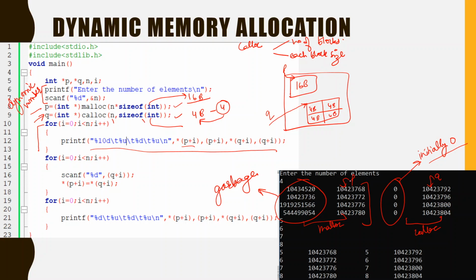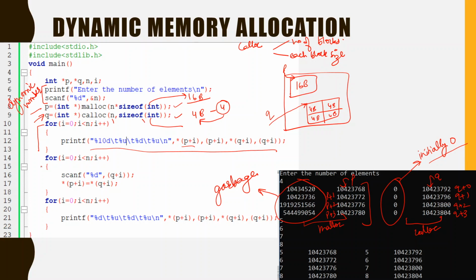So this is p, this is p plus 1, this is p plus 2, and this is p plus 3. Here it is q plus 0, q plus 1, q plus 2, and q plus 3. So this is how memory addresses are accessed when we allocate memory dynamically. Pointers are very important to access dynamic memory allocation.